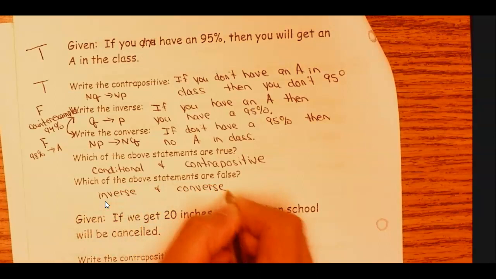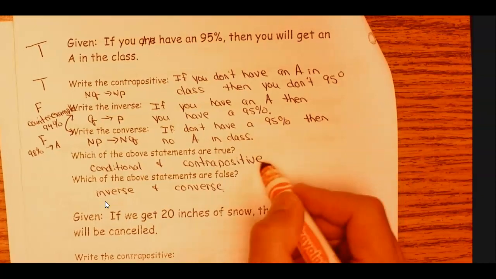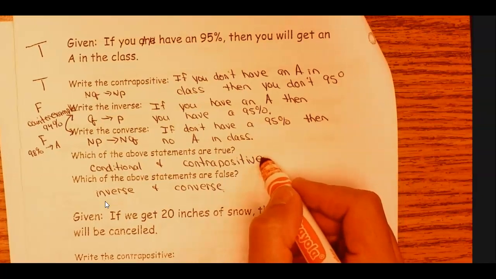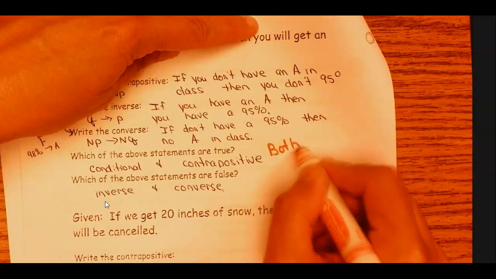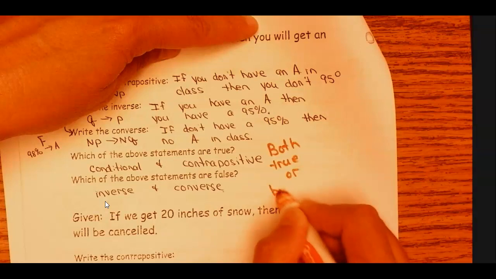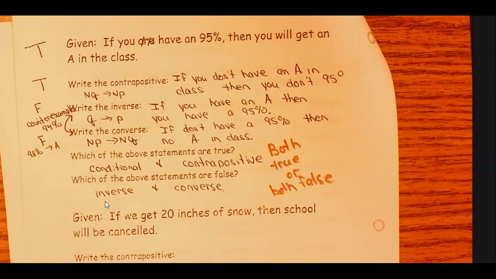And this is always going to be the case. These are called logically equivalent. So they're either both true or both false. So let's write that down. Both true or both false. They go hand in hand, and we're going to write that down here in just a minute for you as well.